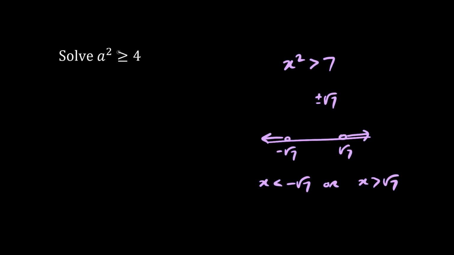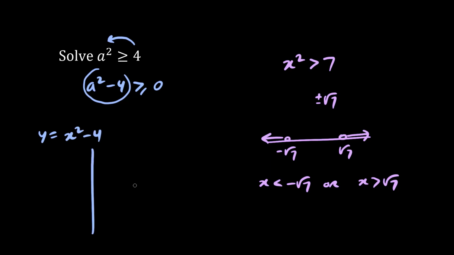Let's understand this inequality a bit more visually. We have a squared minus 4, as we throw this number 4 to the left, and this happens to be greater than or equal to 0. What is the meaning of a graph being y equals a squared minus 4, or x squared minus 4? It's a parabola shifted down 4 units with x-intercepts either 2 or negative 2.